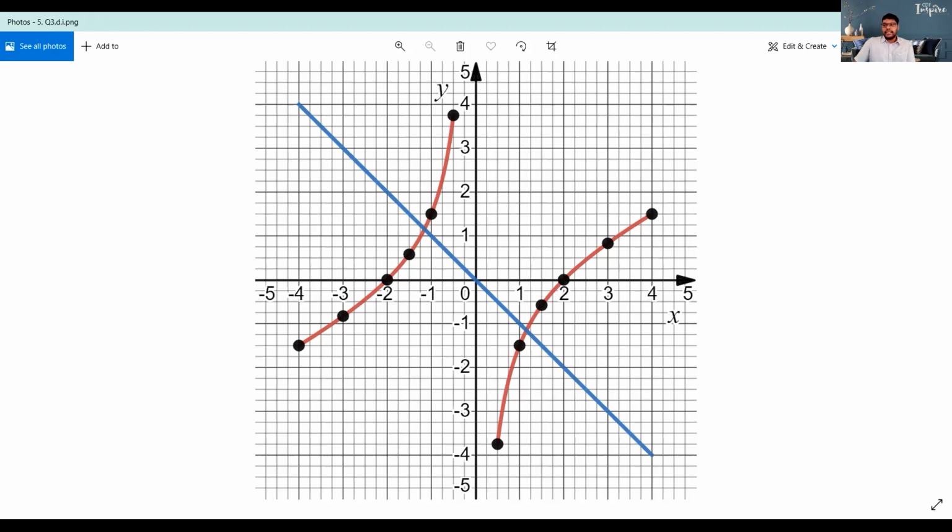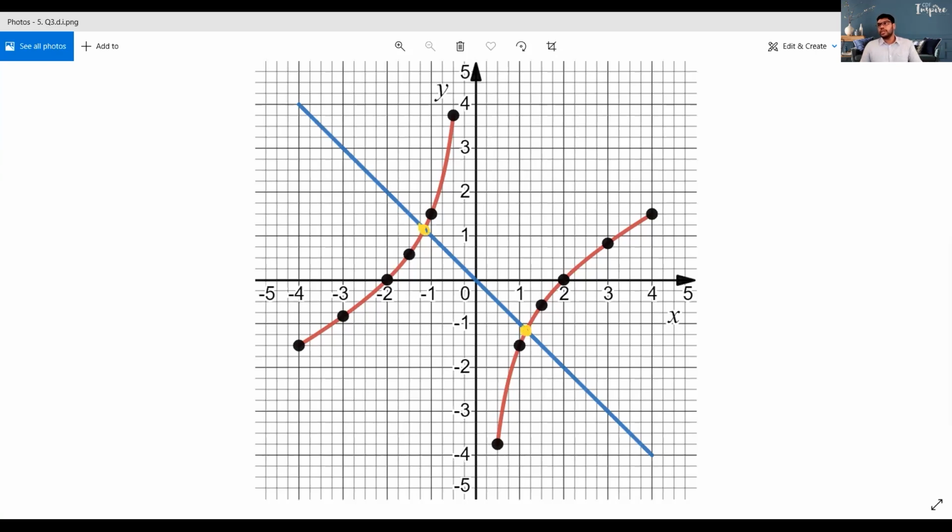Then it says use your graphs to solve the equation x over 2 minus 2 over x equals -x. Children, what are they asking? If they equate the two equations together, they are asking for the points of intersection.